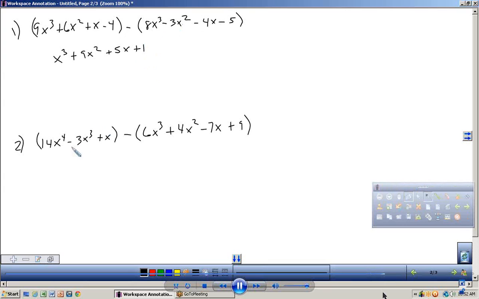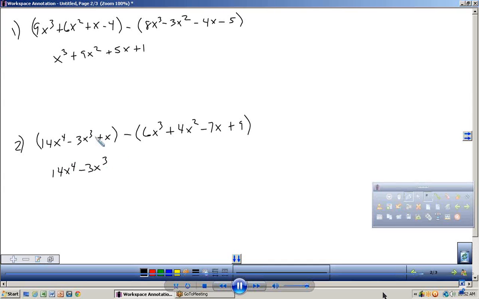Okay? This one I'm going to do in my head too, even though there's a zero coefficient placeholder that needs to go in there. So I have x to the 4th, x cubed, no x squared, there's an x, and then there's no constant. So I have to subtract all this stuff. There's no x to the 4th over here, so it just stays. Okay? So I have negative 3x cubed. There's nothing over here for x cubed, so it stays as well.